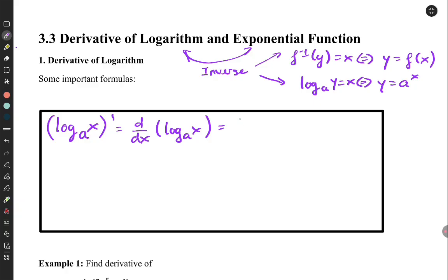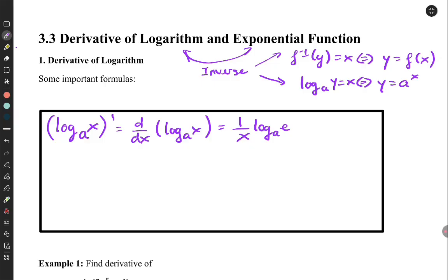That is basically 1 over x times logarithm base a of e. But you're not going to see this in the textbook. This is the original formula, not optimized, and the least common formula.